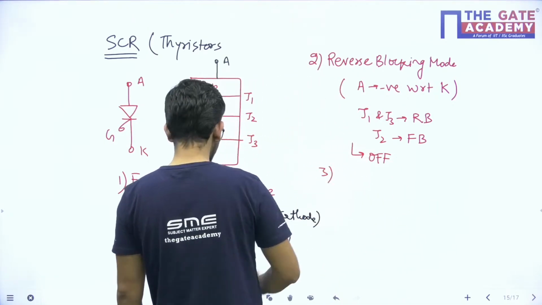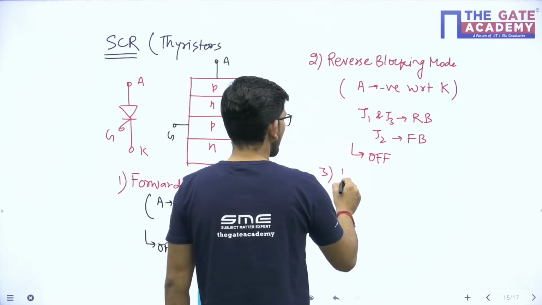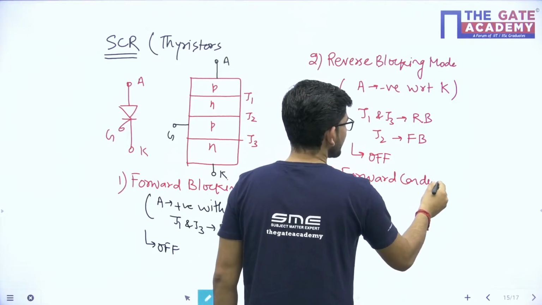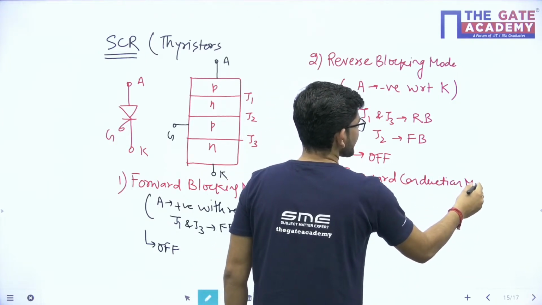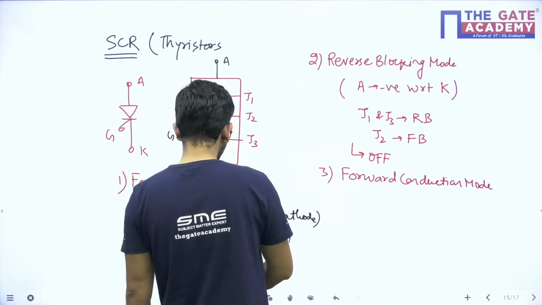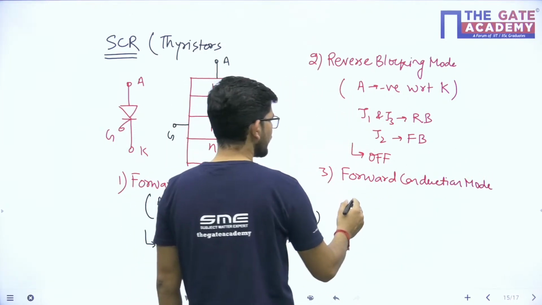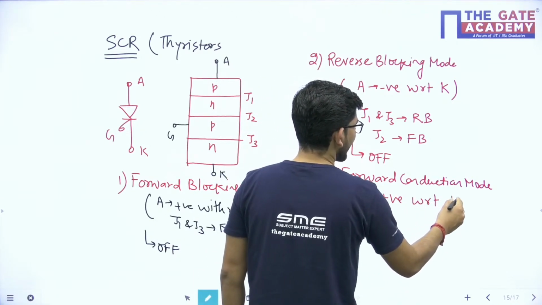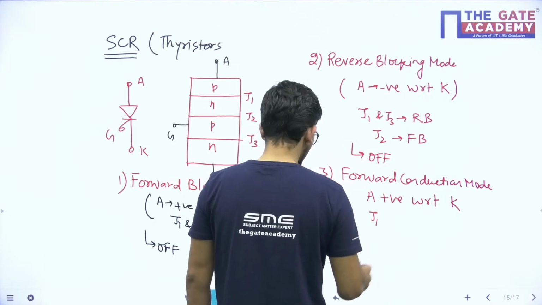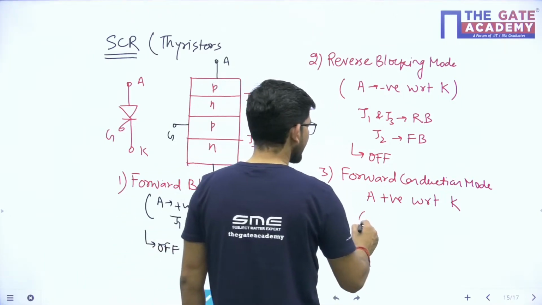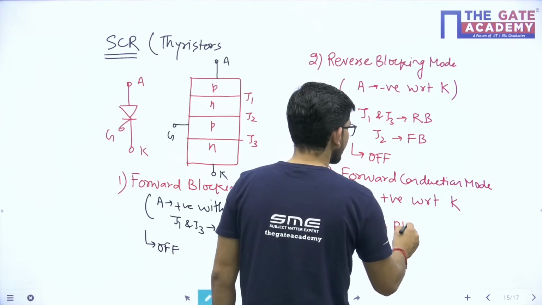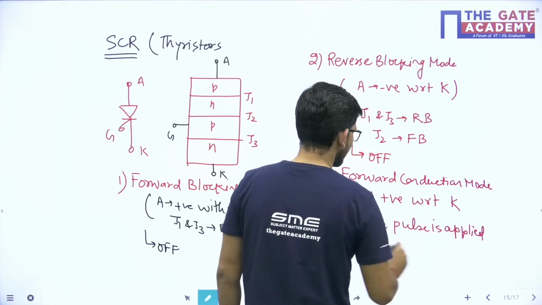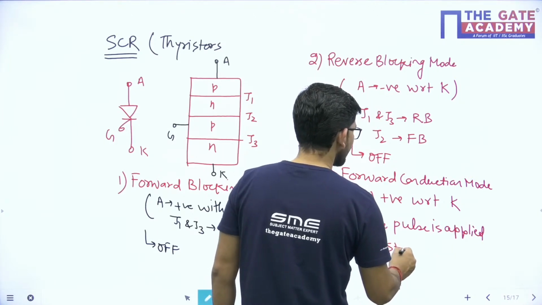The third mode that we have is known as forward conduction mode. In forward conduction mode, anode is again positive with respect to cathode, and a gate pulse is applied, and the device is in the on state, the device is turned on.